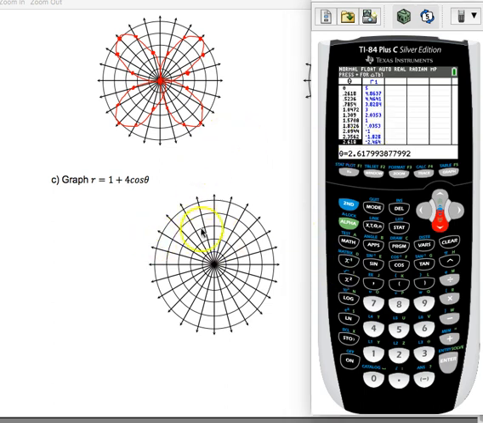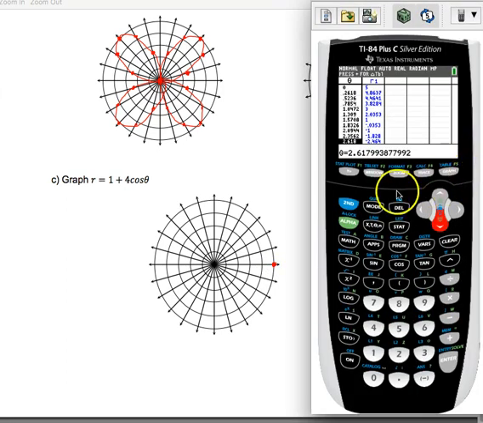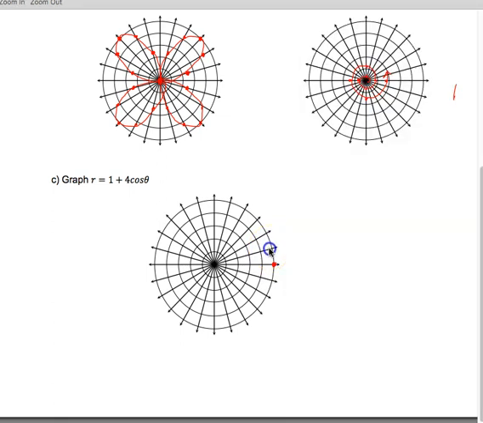All right, I finally got it to fix there. I just paused it and waited it out so that way you guys could see it. So theta is 0, r is 5, so that goes all the way over right to here. So that's our first part. Then at pi over 12, we have 4.8, so just barely below.